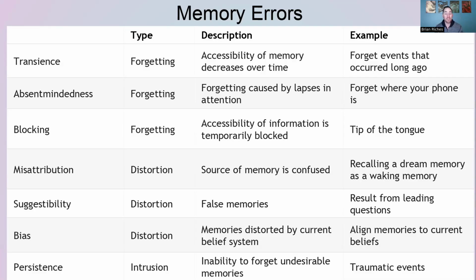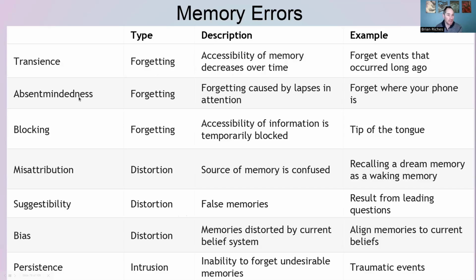All right, so some of these terms in memory errors we've already covered a few moments ago, and they're just put in different ways. Suggestibility, we've referred to earlier today. This is false memories or slightly altered memories, and that is one thing that can happen to memory, as well as transience. That memory has now faded.